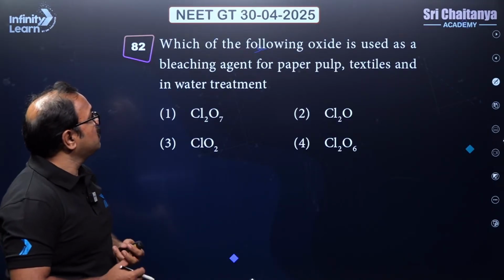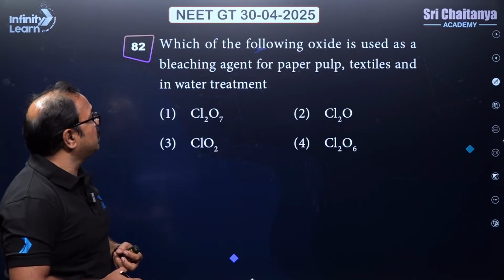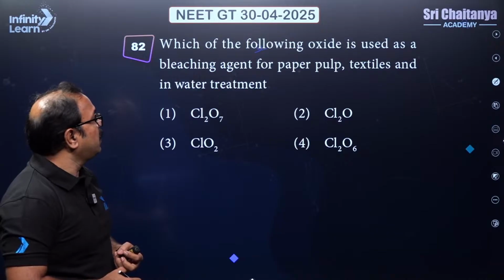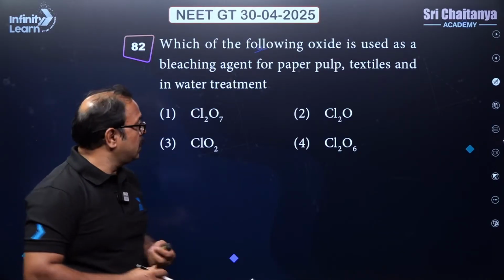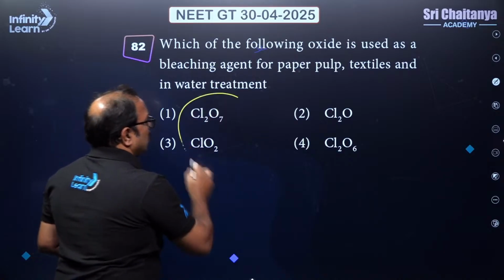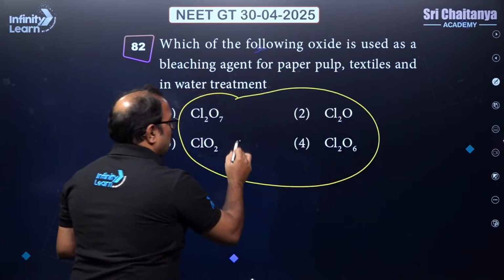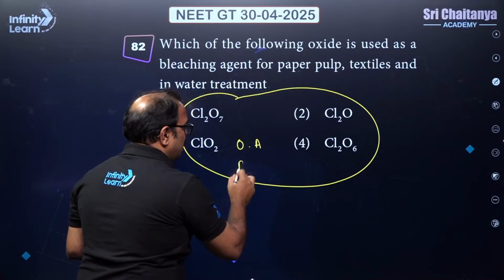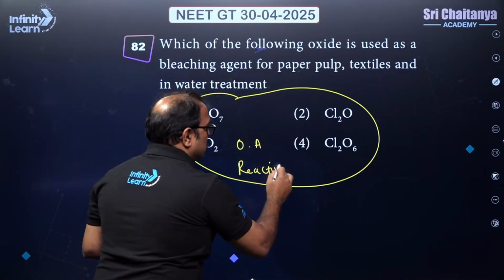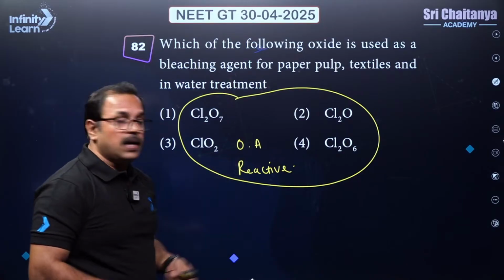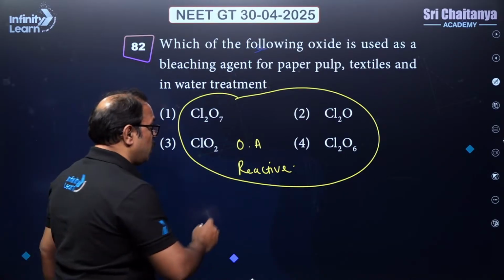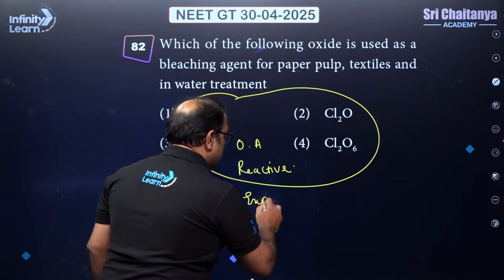Which of the following oxides is used as a bleaching agent for paper, pulp, textiles and water treatment? This type of question, I can understand your feelings. All these are very good oxidizing agents. They are highly reactive. This is an important concept you learn. All these are oxidizing agents, they are important, they are highly reactive and have explosive nature.